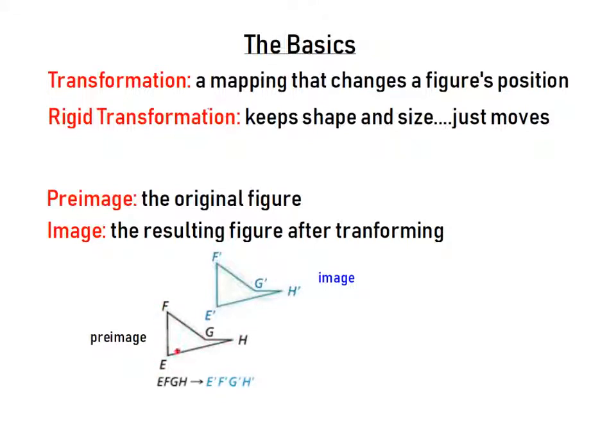After you transform it, it maps to this new image. This is the pre-image. This is the resulting image. And now that E that used to be here, we call it E prime, and it has a little apostrophe there. Then F maps to F prime, G maps to G prime, and so forth. To say it maps to, we use that little arrow.